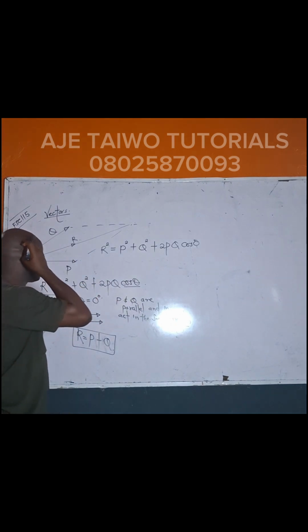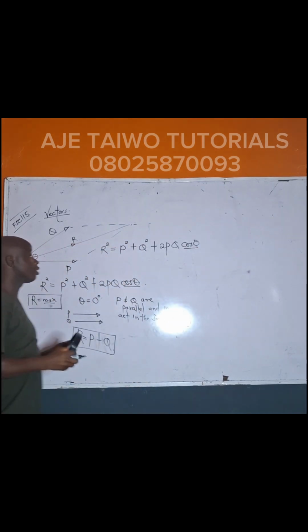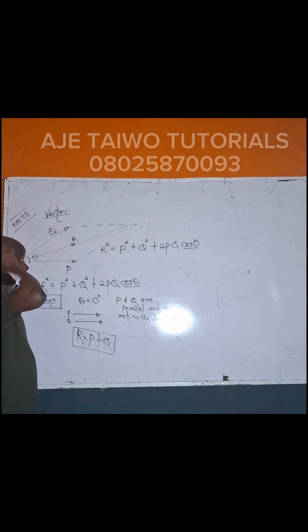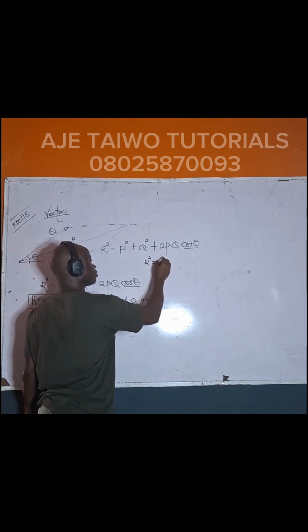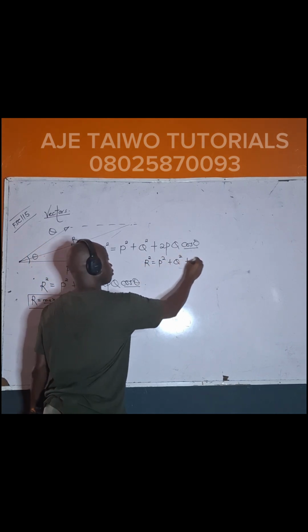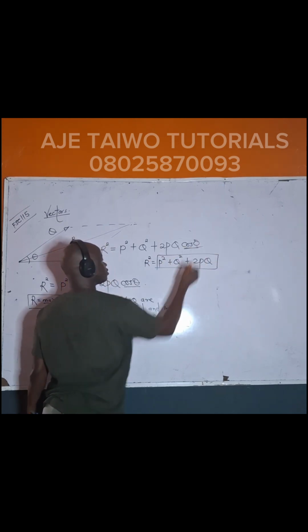Now, cos 0 is 1. So you have R squared equals P squared plus Q squared plus 2PQ. This is what you have because cos 0 is 1.